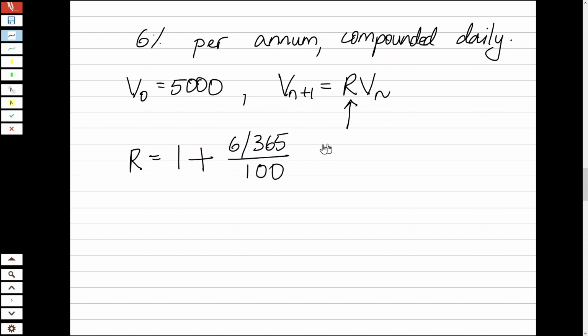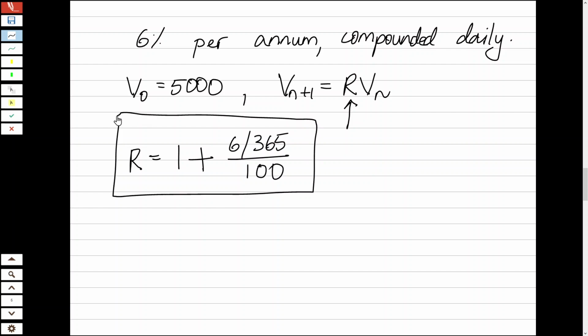Okay? All right, so have you guys got that? Tom, do you understand why we are dividing by 365? Okay, and Harry, why are we using 6 in capital R? Okay, so you see this value for R here? Oh, 6%. That's it. That's why we're using the number 6 there.